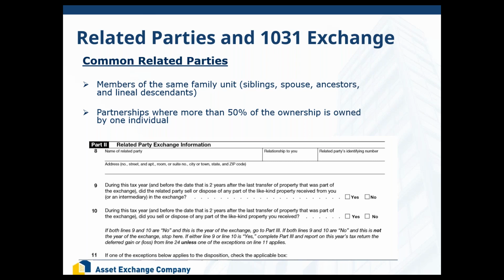All right. I list part of a form on the slide. That's part of IRS Form 8824. Now, IRS Form 8824 is the actual form that you complete or your CPA completes, and you submit that with your tax return. That's the way you report your 1031 exchange to the IRS on your tax return. It's IRS Form 8824.